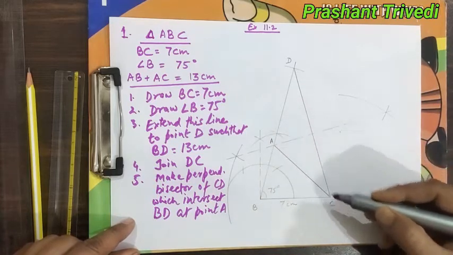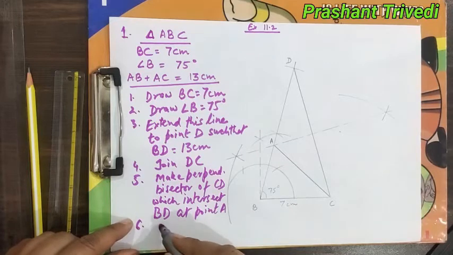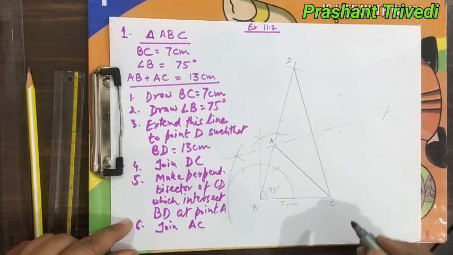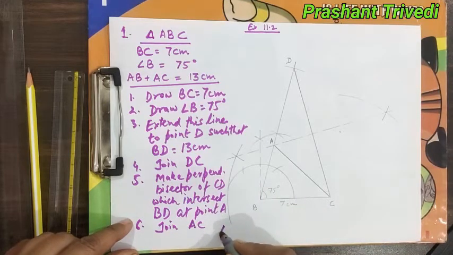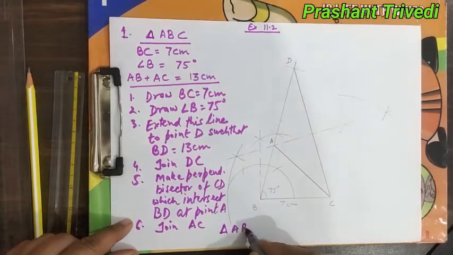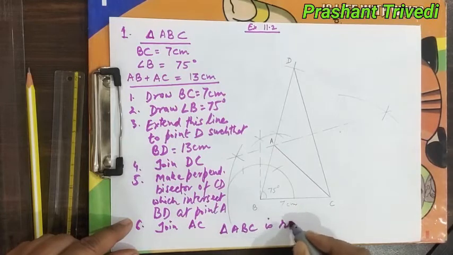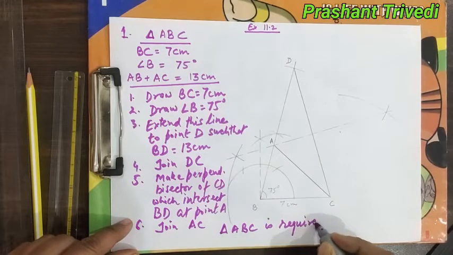So we'll join AC. The last step, join AC. Triangle ABC is the required triangle.